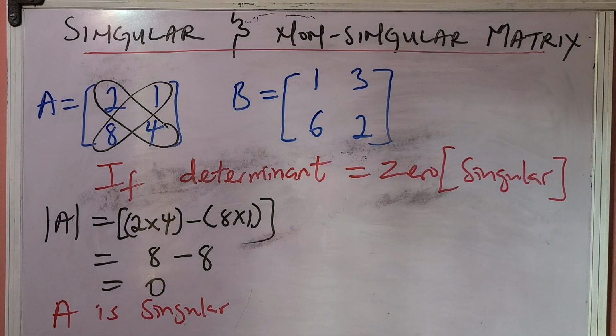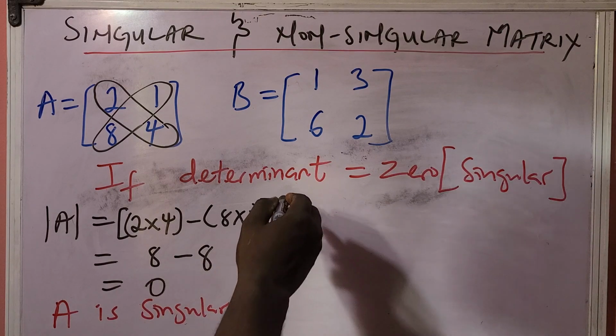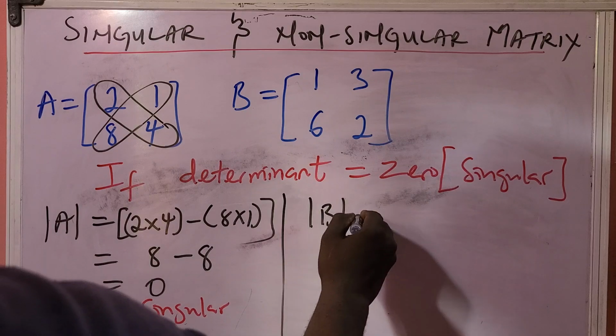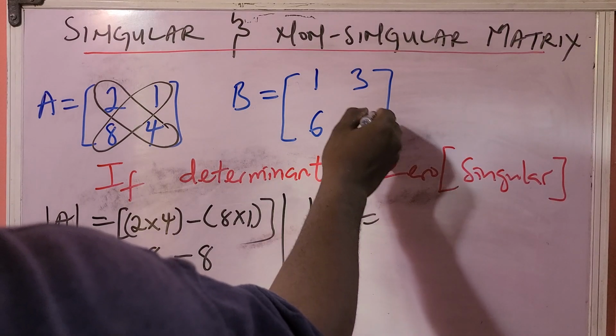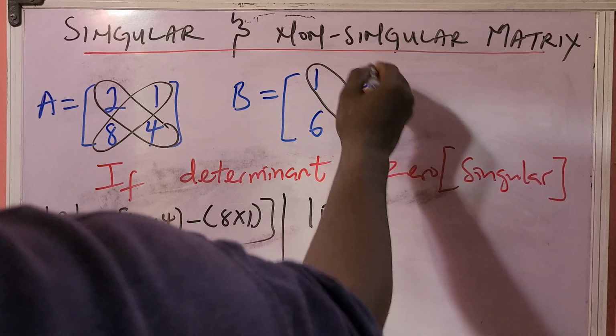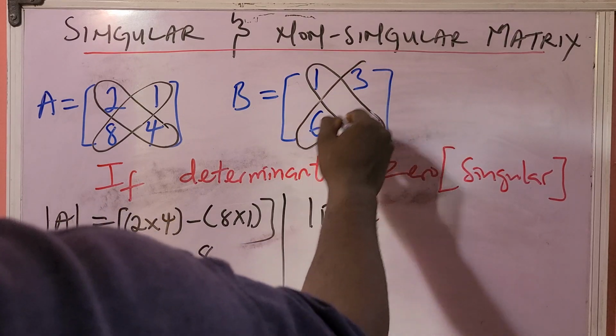Let's investigate that of matrix B. To solve for the determinant of matrix B, what you have to do is to multiply the leading diagonal and subtract from the other diagonal.